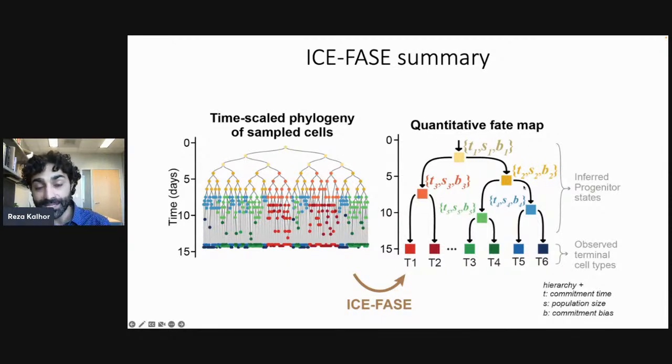Then it infers their topology, their hierarchy, and it infers parameters: commitment time, population size, and commitment bias for each of those progenitor states. And critically, if a progenitor state is not well sampled, let's say its population is very large and not enough cells were sequenced, these parameters tend to lose their reliability, whereas if a progenitor state is well sampled, the parameters tend to be far more robust.